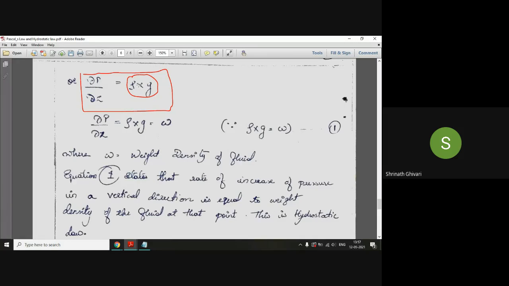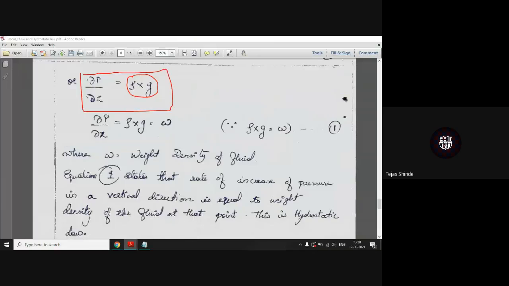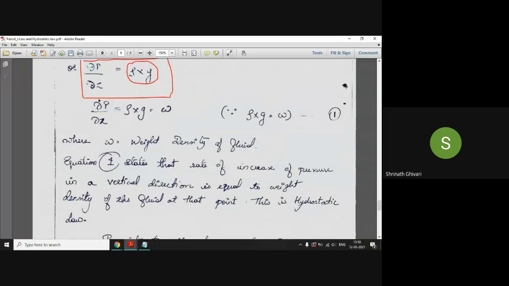Is this correct? We have now got the rate of change of pressure, where dou P by dou Z equals rho g, which is equal to w.